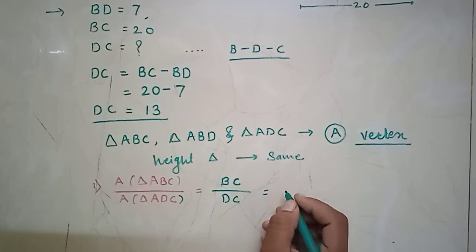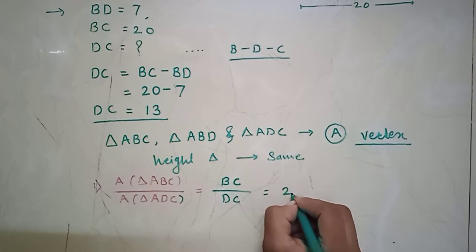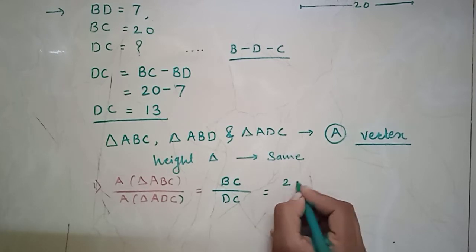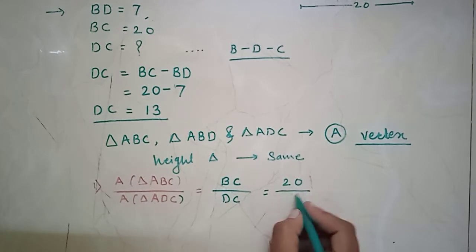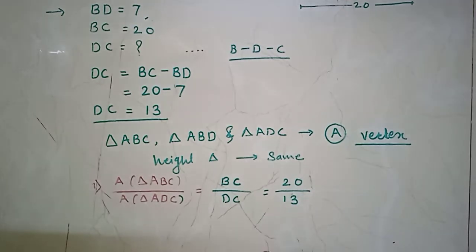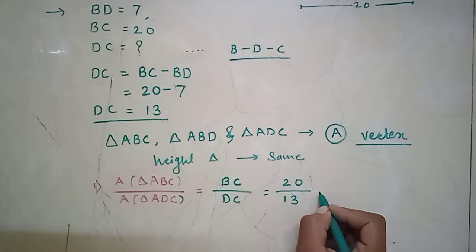The value of BC is 20 and the value of DC is 13. Then we get the first answer for the ratio of area of triangle ABC upon triangle ADC. This is the answer.